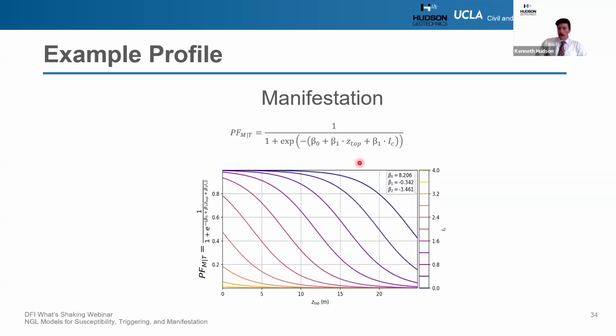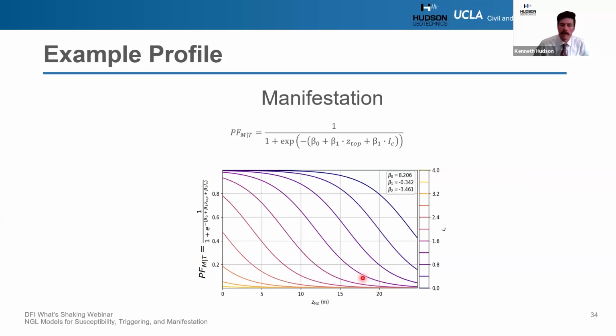And so that's the two variables in this equation. And we predict a probability of manifestation conditioned on triggering. And you can see here that low I sub C's are these blue colors, so sand-like materials are up here. And so sand-like materials are more likely to produce manifestation if they do trigger than clay-like materials are.